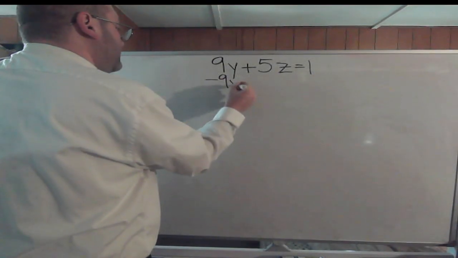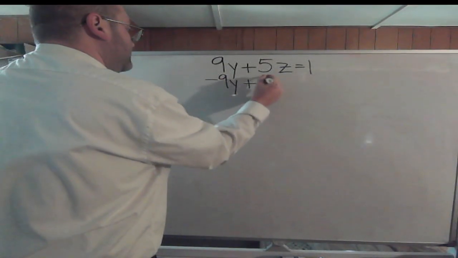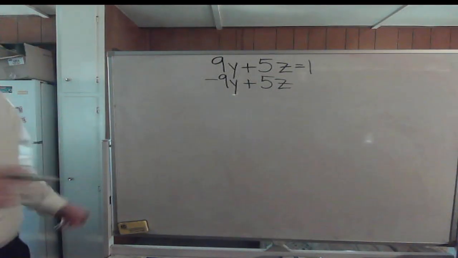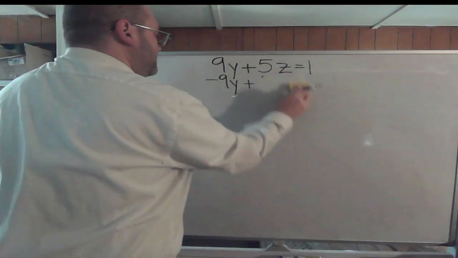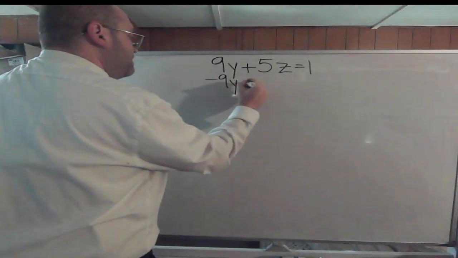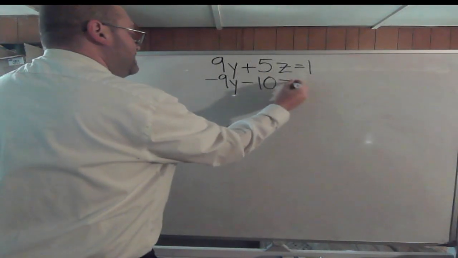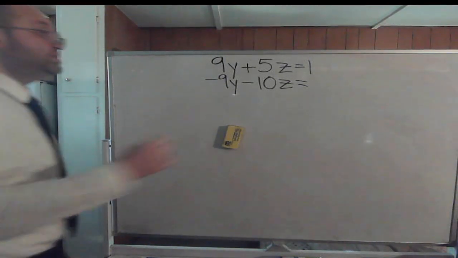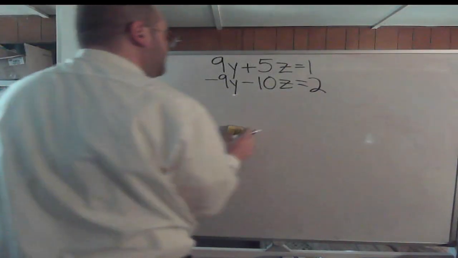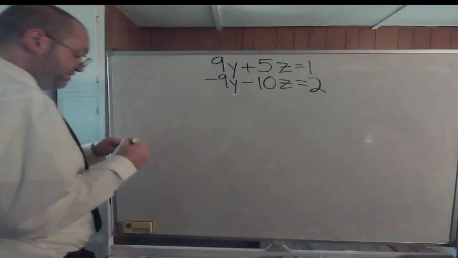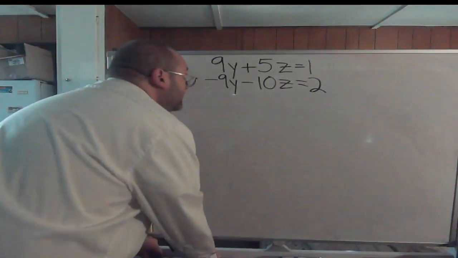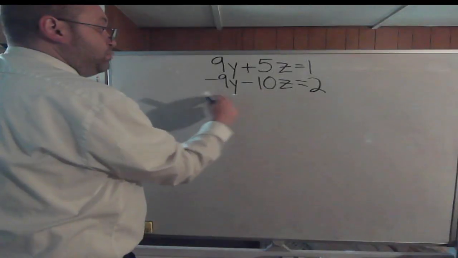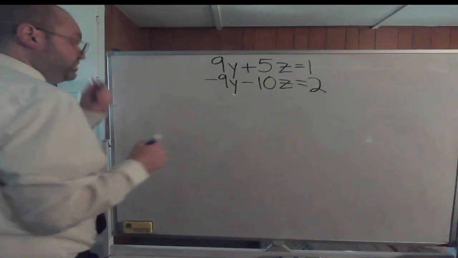Negative 9y plus 5z. Oh, I'm sorry. Negative 9y minus 10z. I was double copying. So negative 9y minus 10z equals 2. Alright, so this system of equations, we have 9y plus 5z equals 1, negative 9y minus 10z equals 2.